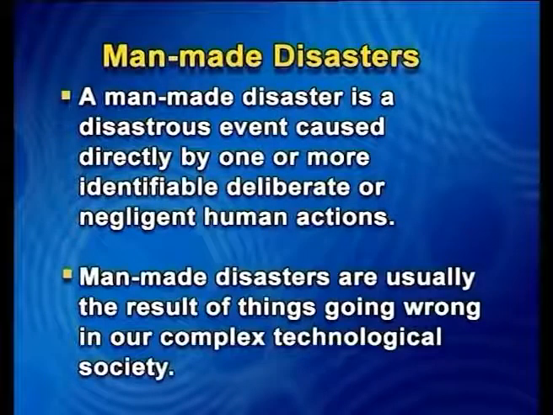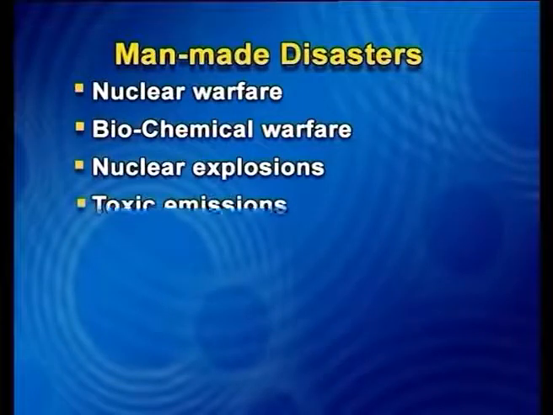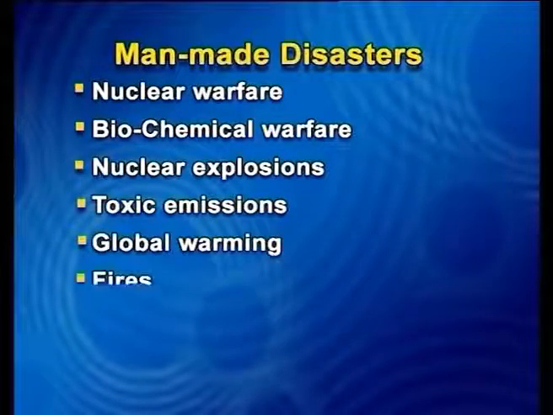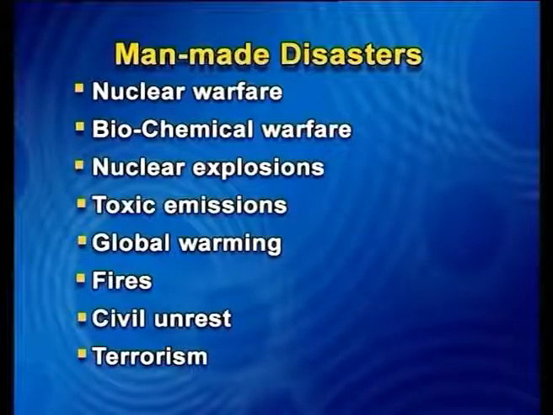Man-made disasters. A man-made disaster is a disastrous event caused directly by one or more identifiable, deliberate, or negligent human actions. Man-made disasters are usually the result of things going wrong in our complex technological society. They include blackouts, hazardous material spills, air pollution, house fires, radiation leaks, food or water contamination, and industrial chemical releases.